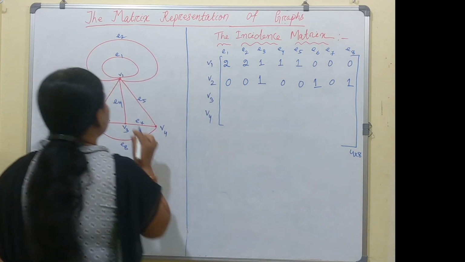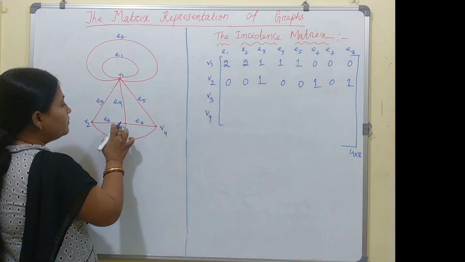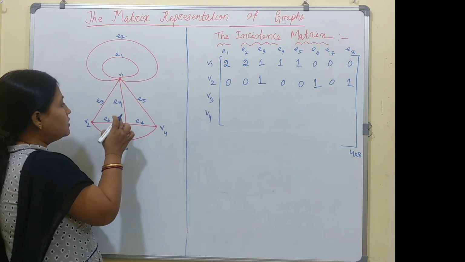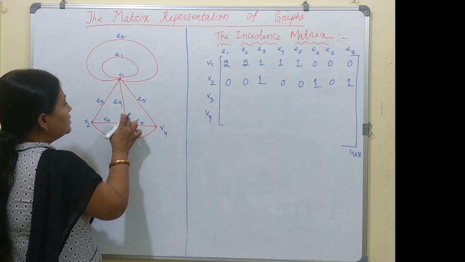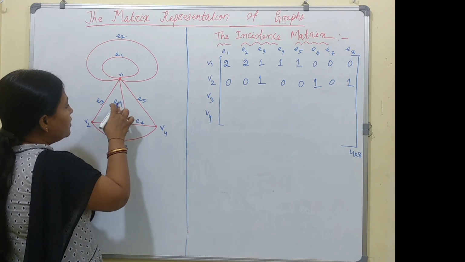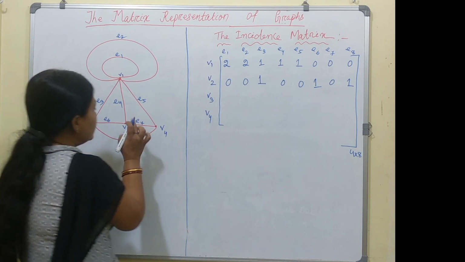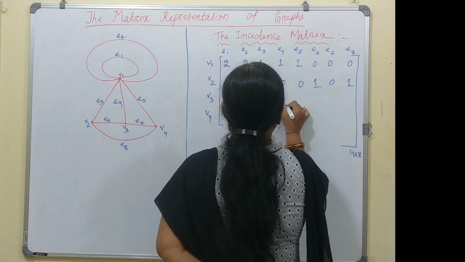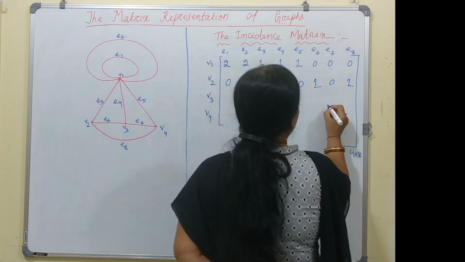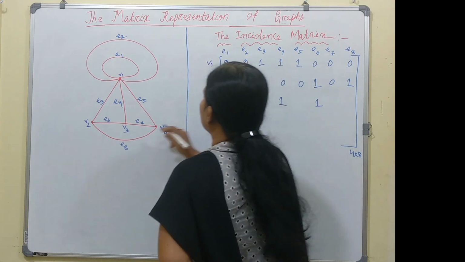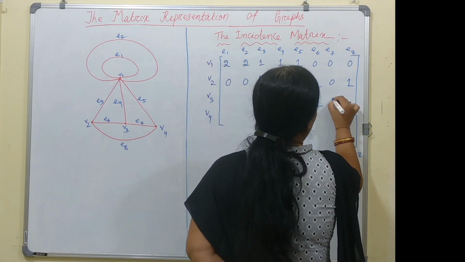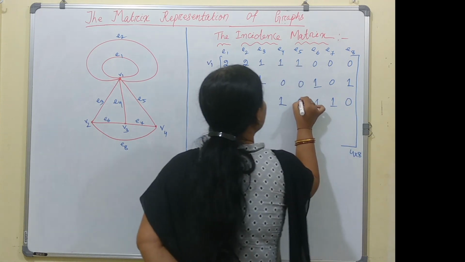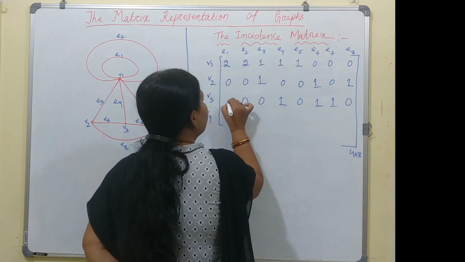Next come to vertex V3. V3 has degree 3. The edges incident with V3 are E4, E6, E7, and the other elements are 0.